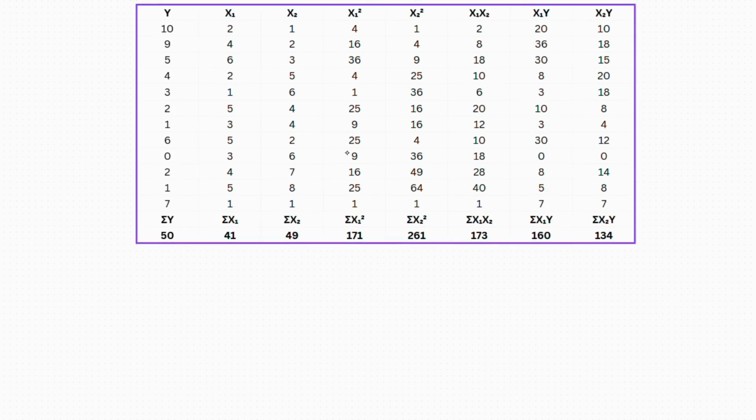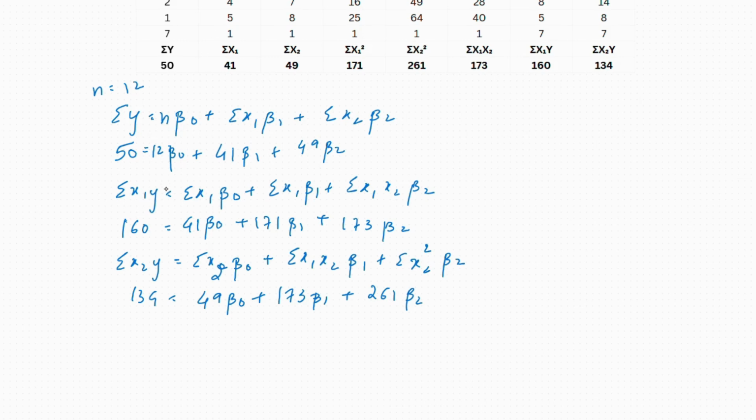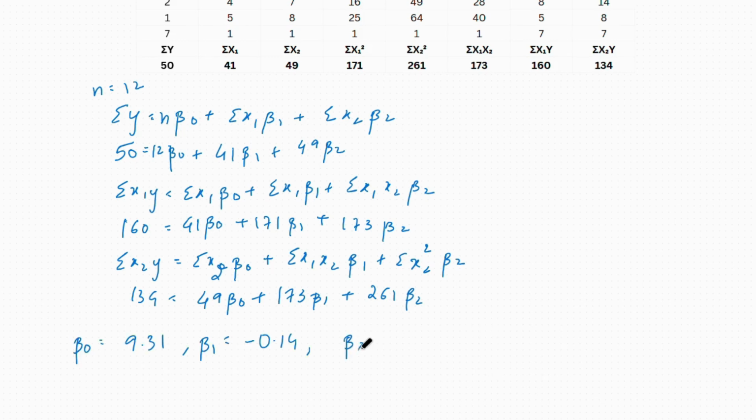Let's substitute these values in the normal equations. These are the values we get after calculating all the values. Now let's enter these values in the calculator. Beta 2 is equal to minus 1.13.